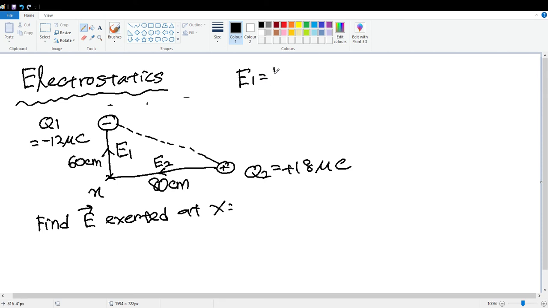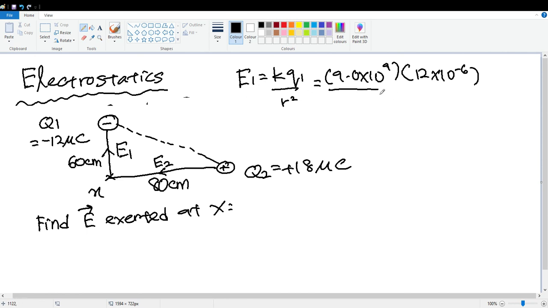My E1 is actually kQ1 over r squared. So k is 9 times 10 to the power of 9, and my Q1 is 12 times 10 to the power negative 6. To be reminded, the negative sign is not required in the magnitude, which is similar to electrostatic force.